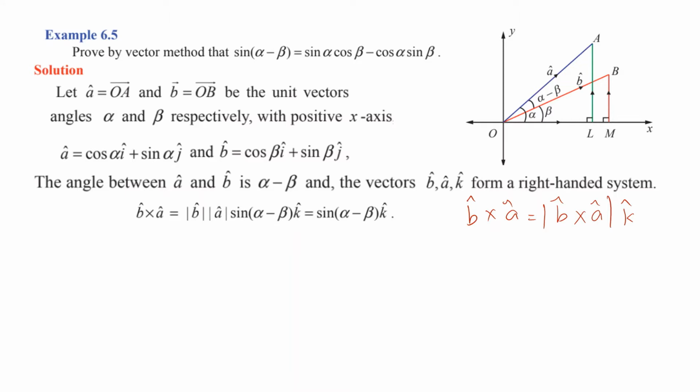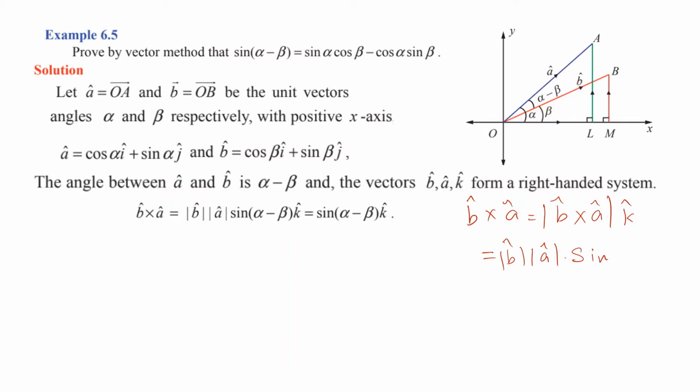Okay, now we know that B cap into A cap cross product magnitude will be magnitude of B cap into magnitude of A cap into sine the angle between B and A. The angle between B and A is alpha minus beta.